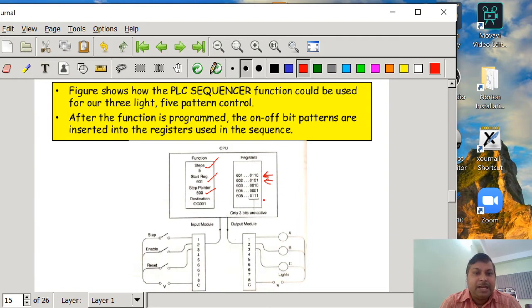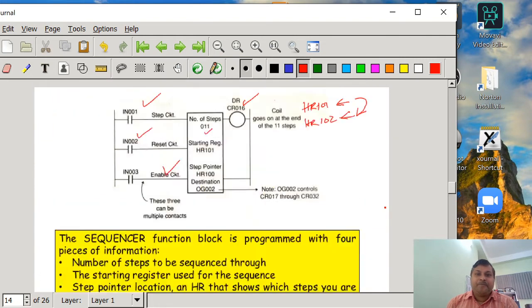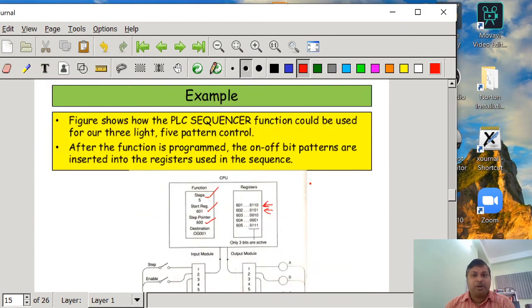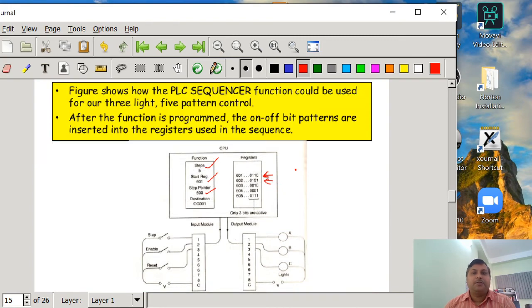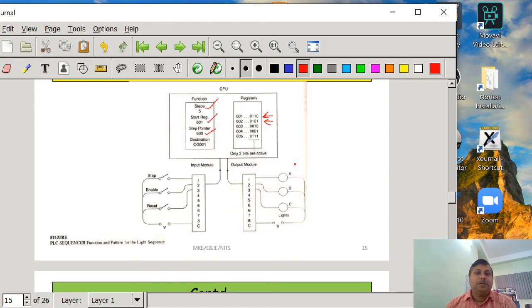Like that, if you apply the fifth pulse, it will reach 605, the last step, which executes the pattern of 605. At that time only the DR or CR16 is going to be energized. At the last step it is going to be energized. That is very important to remember, because it will be useful when we do the programming.